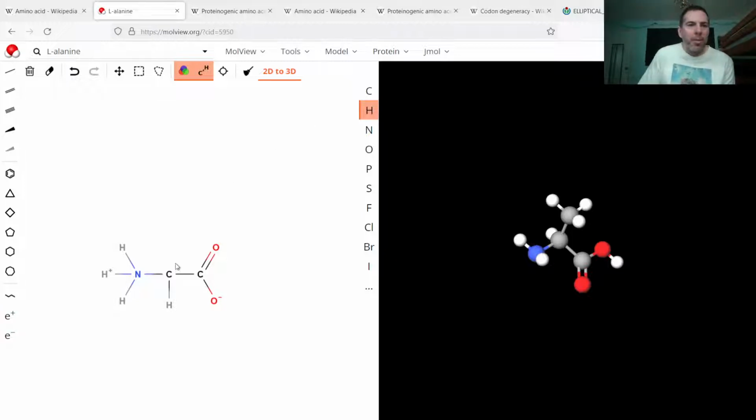So the simplest amino acid was glycine, just a hydrogen side chain. And then we had alanine, valine, leucine, and isoleucine.